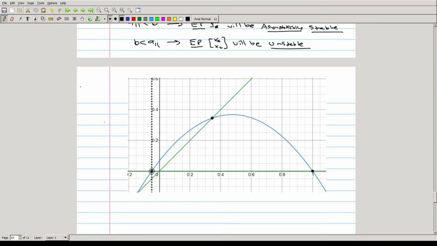So this is the plot from before, and if we consider the fact that in this region x prime is less than 0 and y prime is less than 0, in this region x prime is less than 0 and y prime is greater than 0, in this region x prime is greater than 0 and y prime is greater than 0, and in this region x prime is greater than 0 and y prime is less than 0, as well as in this region right here, x prime is greater than 0, y prime is greater than 0.